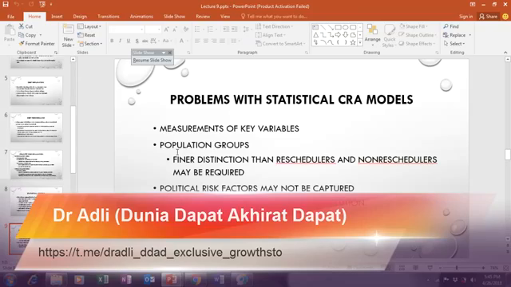Second one is population group. A final distinction that reschedulers and non-reschedulers may be required. Basically, we want to distinguish between two possible outcomes, reschedulers and non-reschedulers. In actual fact, a distinction between countries announcing a moratorium on only interest payment and those announcing a moratorium on both interest and principal payment.